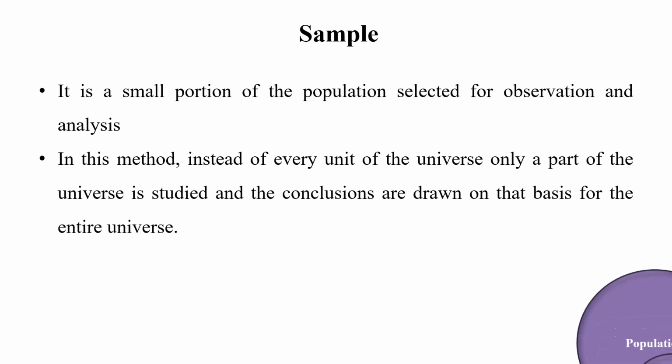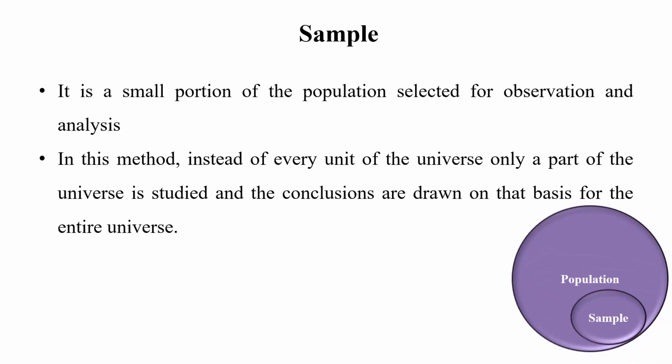So in that case, we have to depend on a sample, which is a subset of population units. It is relatively less costly and less time consuming, and we can rely on it. Since we are collecting data from a portion of the universe, we can collect more reliable and accurate data from the sample.